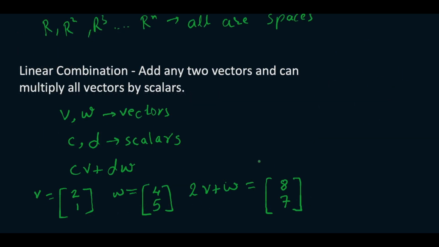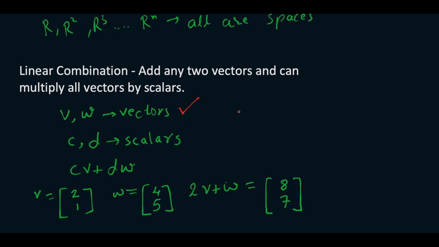Now let us see what are linear combinations. Linear combination is when you can add any two vectors or you can multiply the vectors by any scalar. Then that combination is known as the linear combination. For example, consider two vectors v and w.